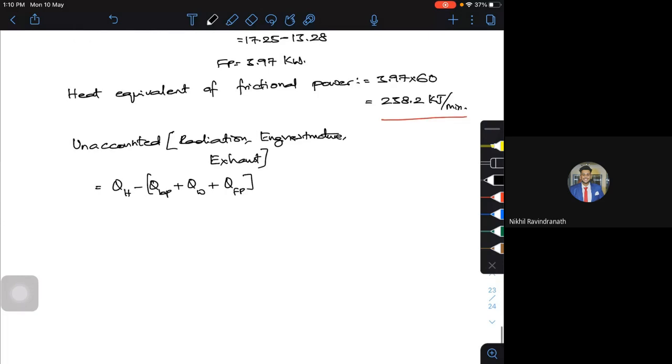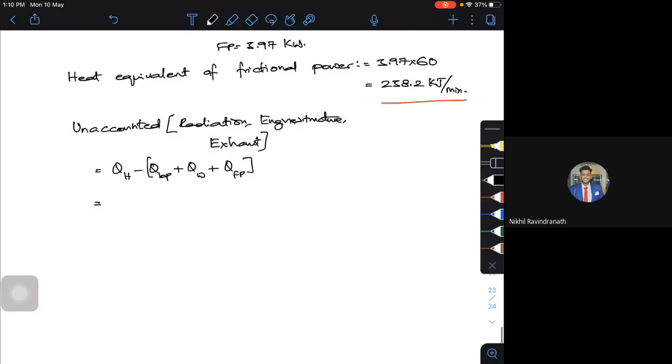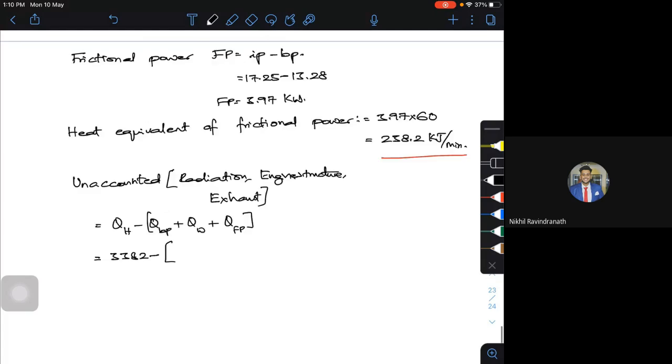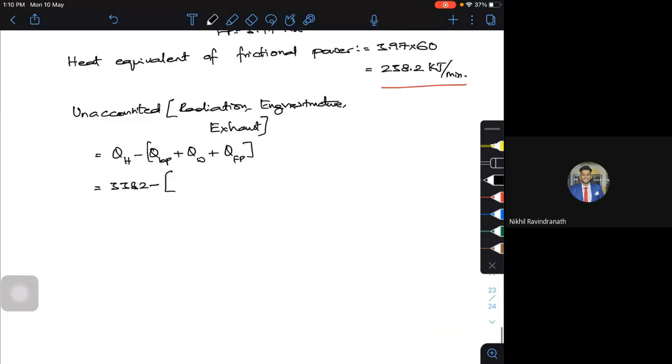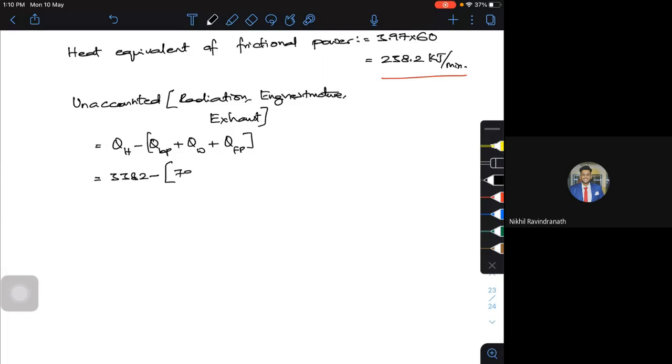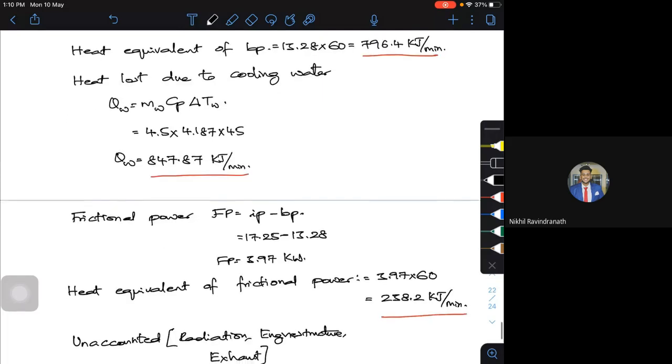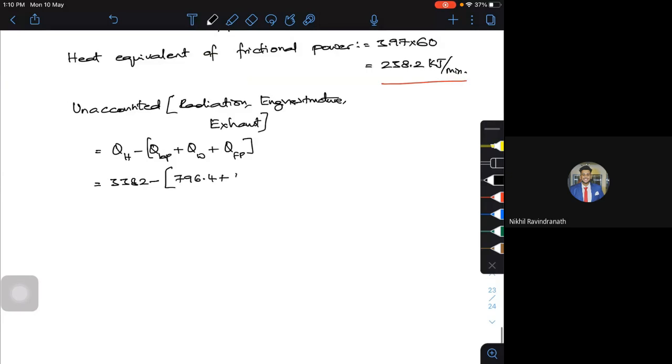That is 3,382 minus 796.4 plus 847.87 plus 238.2.